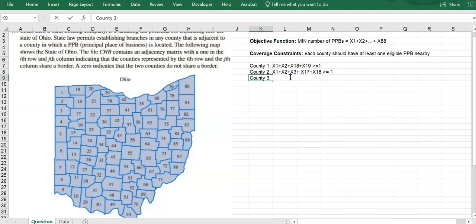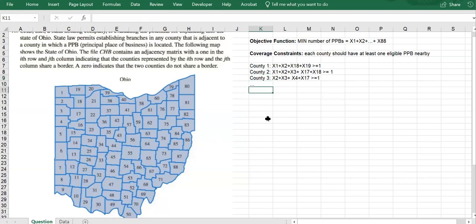So x2 plus x3 plus x4 plus x17 has to be greater than or equal to 1. And then just keep going.